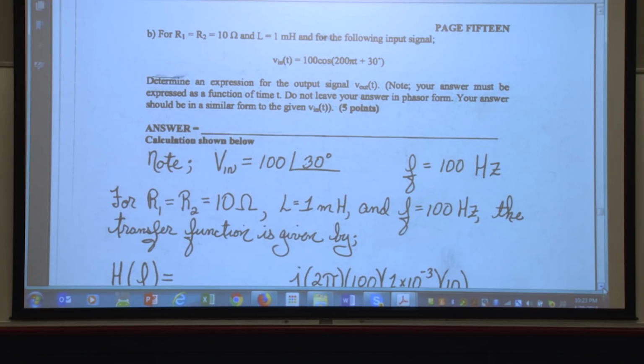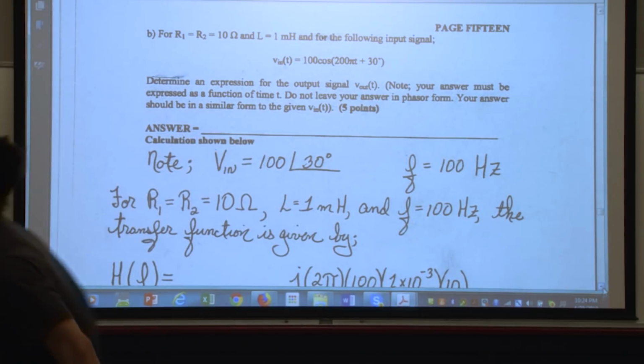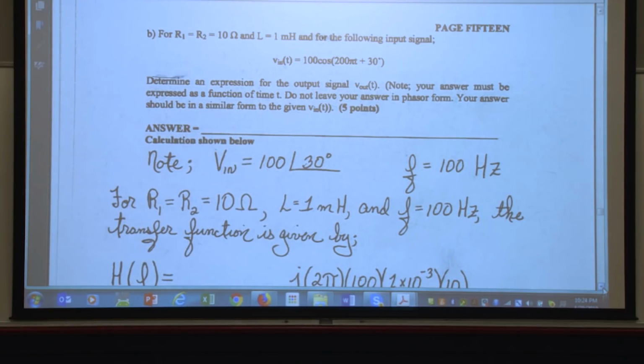Determine V out. Now, Alexis, the key is, since the transfer function is V out over V in, and I already got the transfer function in part A, V out is just V in times the transfer function.